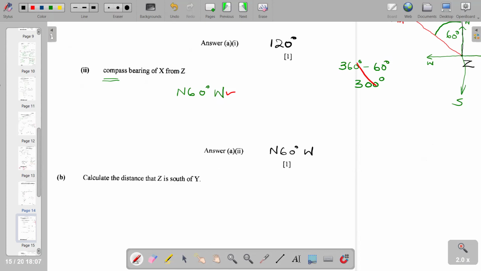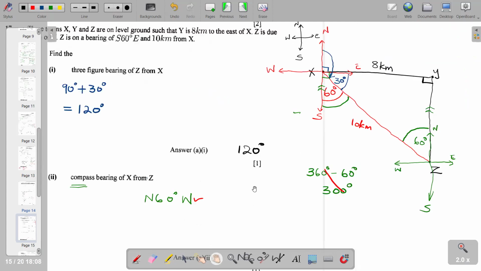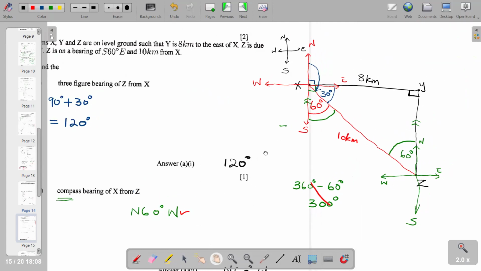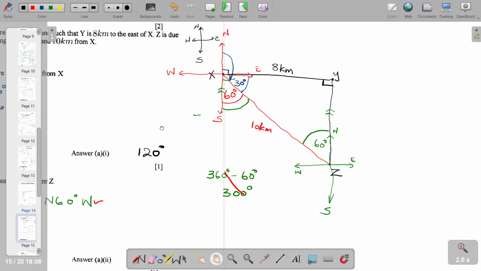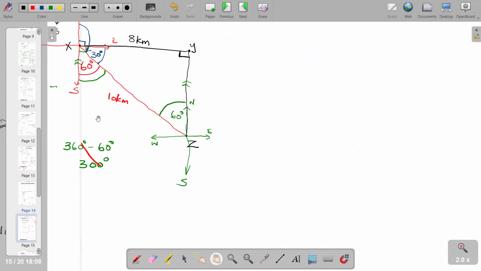The next question is saying calculate the distance that Z is south of Y. So to calculate that distance, we go to our diagram. In other words, they are just saying calculate the distance YZ.